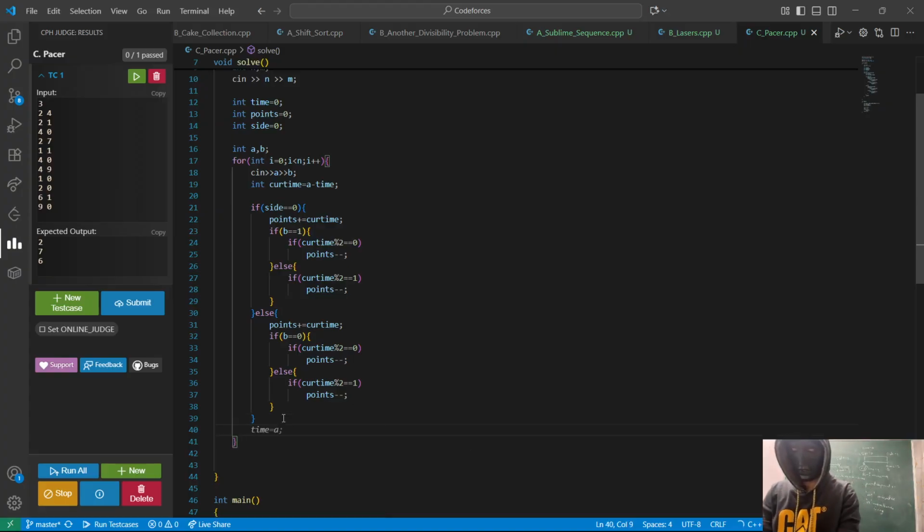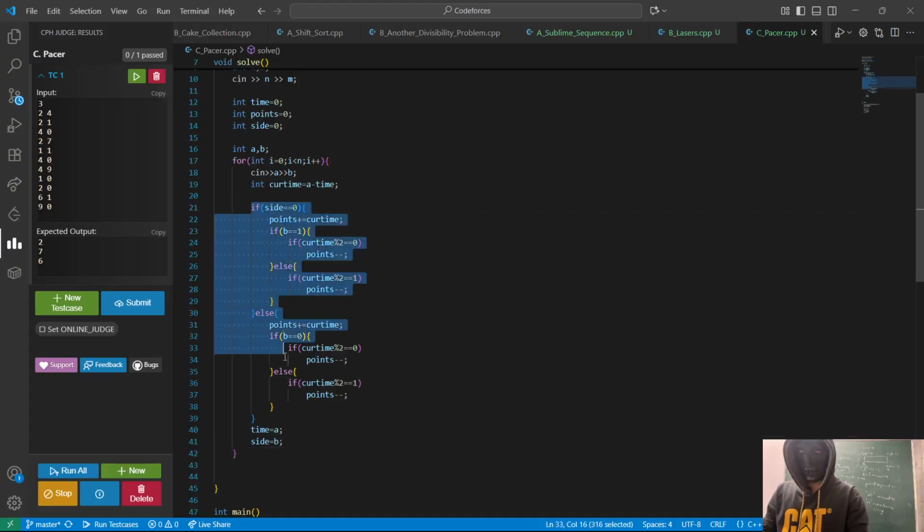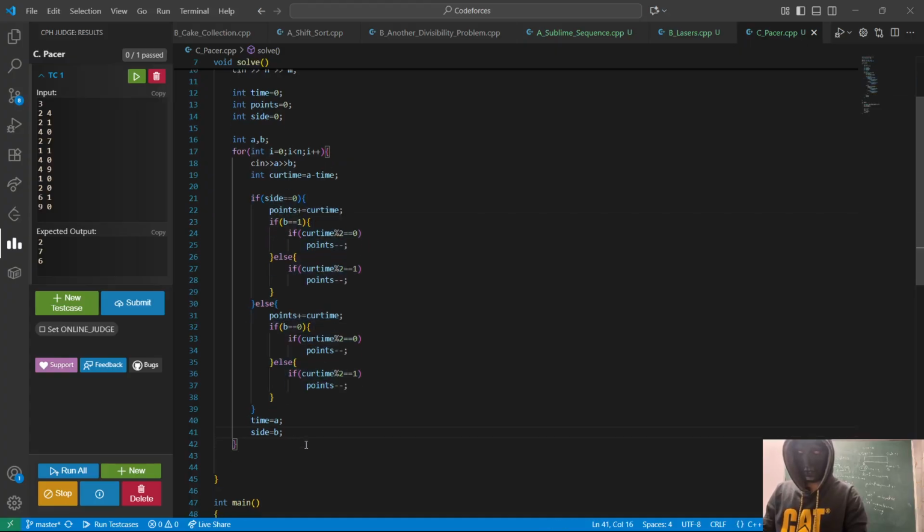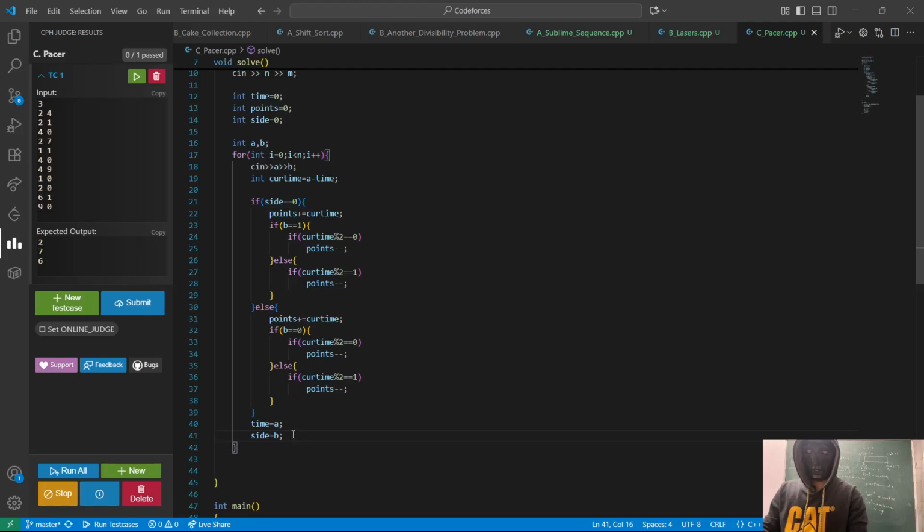So before that, your time will be a and your side will be b, because once we have met the requirements, we will be at their requirement side, right? And in the next iteration, the previous requirement and the current requirement will be in a and b, and we deal with the same thing.